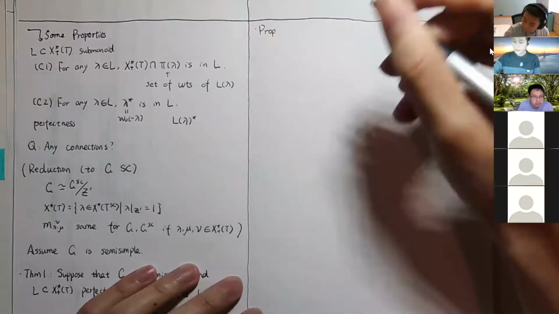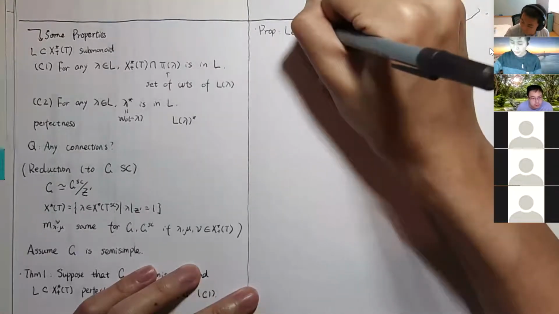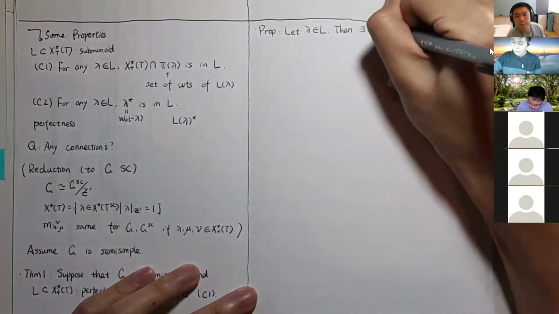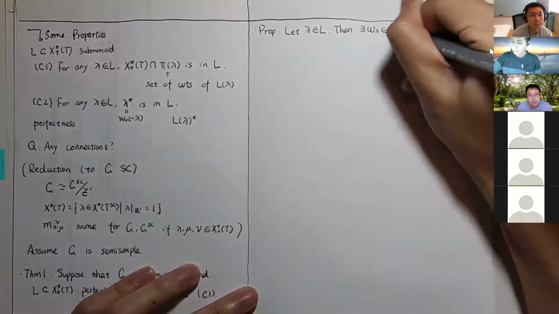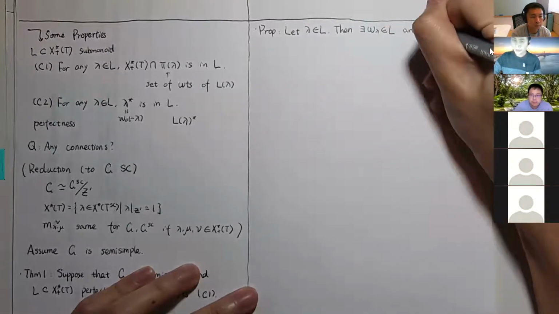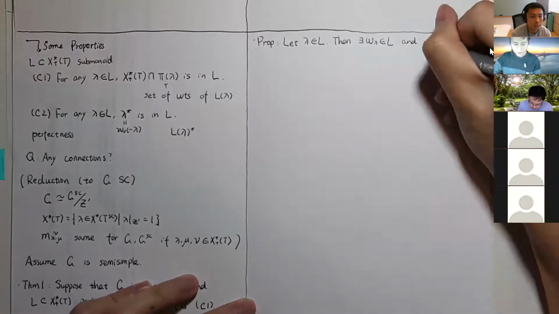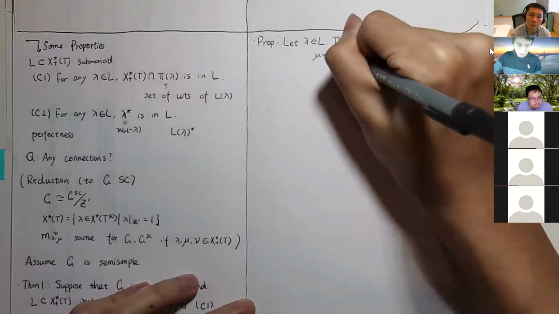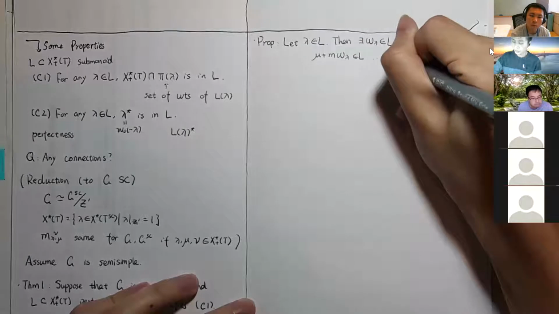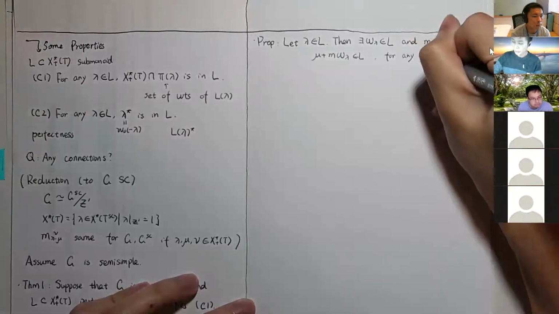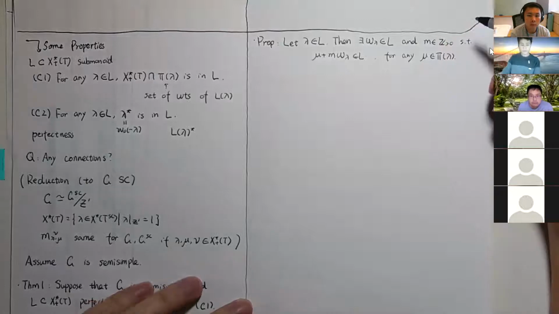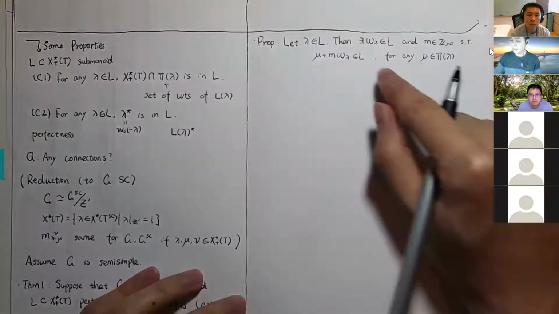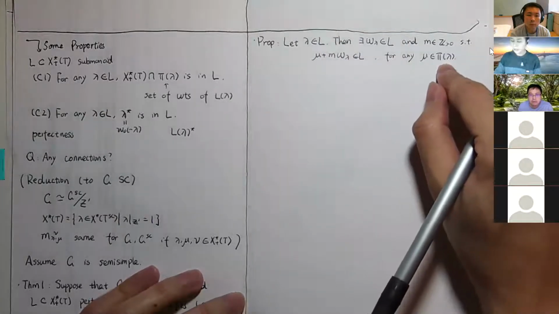Let lambda be a dominant weight in L. Then there exists a dominant weight omega lambda in L, and a positive integer m, such that mu plus m omega lambda is in L for any mu in pi lambda. So this proposition claims the existence of at least a translation of this set that is in L.